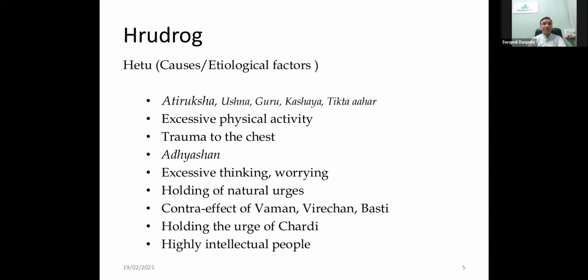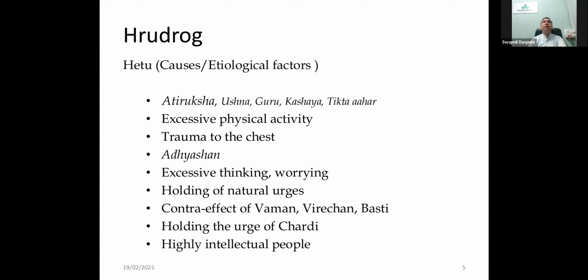Trauma to the chest can cause Rudrog. I just talked about it, that any trauma to the chest and the functioning of the heart can get disturbed, and if the heart is not able to bear the pressure, the trauma, and the impact of the trauma, then it can suddenly stop working as well.